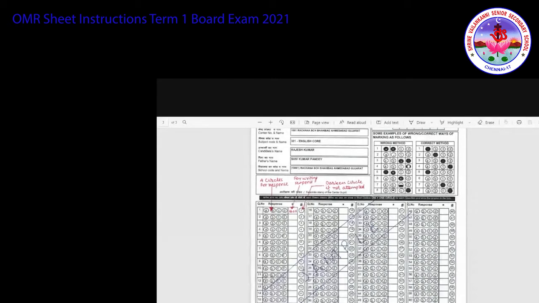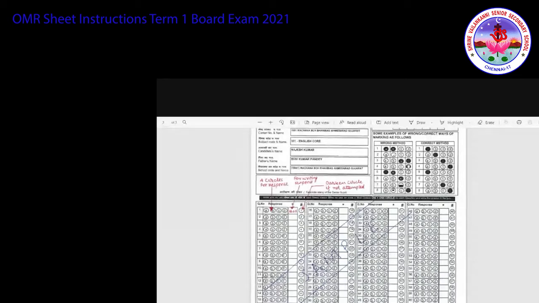For giving a response, circles A, B, C, D are given in front of each question in a row. Once confident about the correctness of the reply, the candidate should darken the circle with a pen. You have to shade it with your blue or black ballpoint pen.